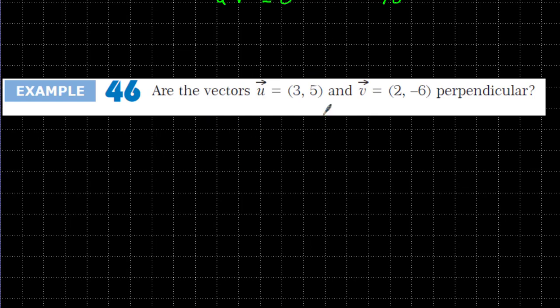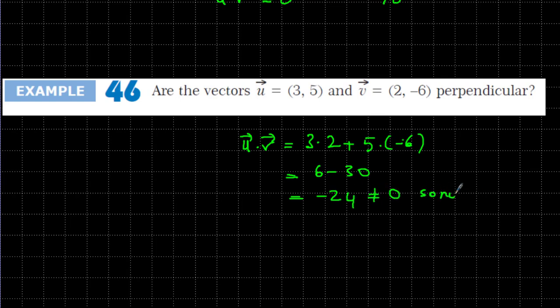On this part, if the result is not equal to 0, then it is not perpendicular, but let's check. It's 3 times 2 plus 5 times minus 6, which is 6 minus 30, equal to minus 24, not equal to 0, so not perpendicular. I'm going to abbreviate perpendicular here.